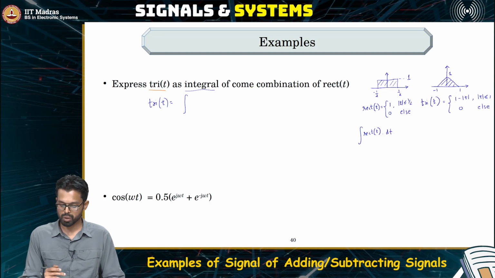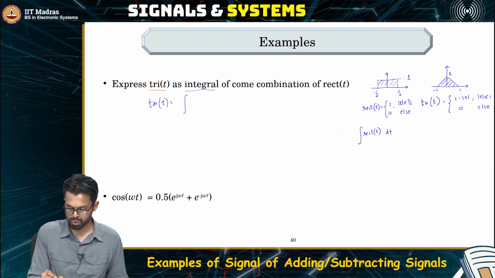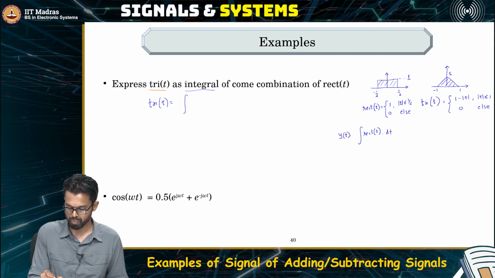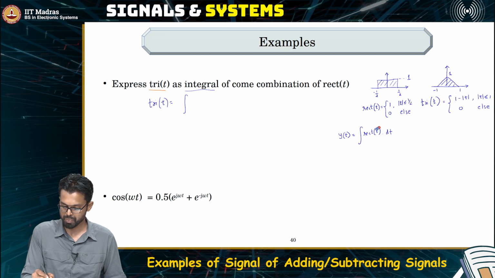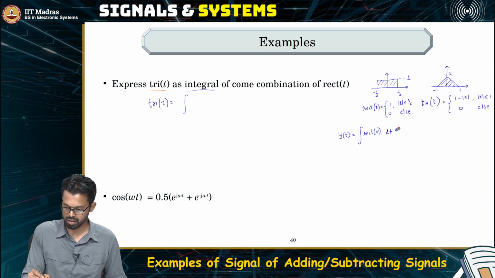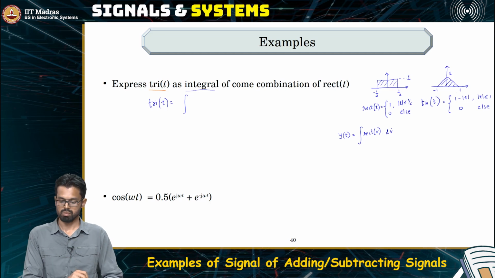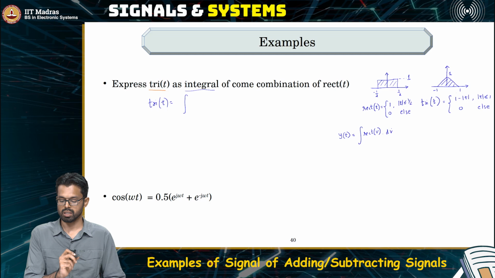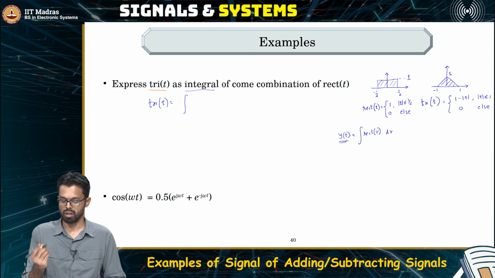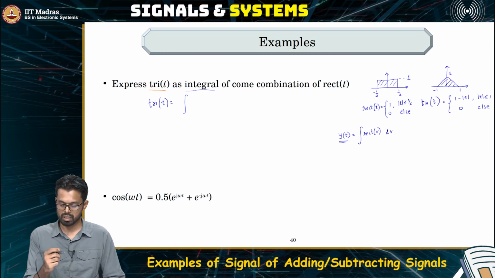From where to where are we going to integrate? Remember the output has to be a function of time. So we'll change the variable of integration, so that time is the independent variable after the integration also.